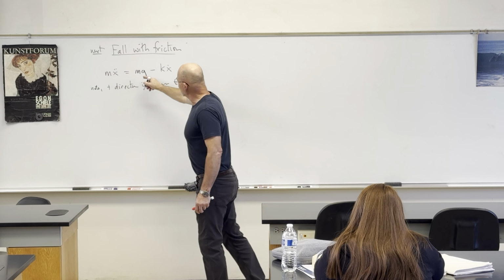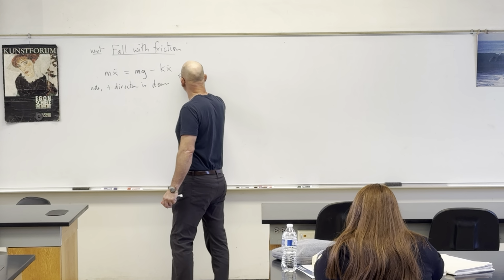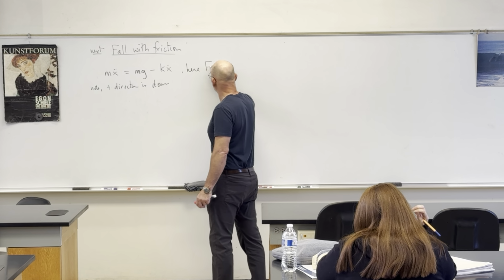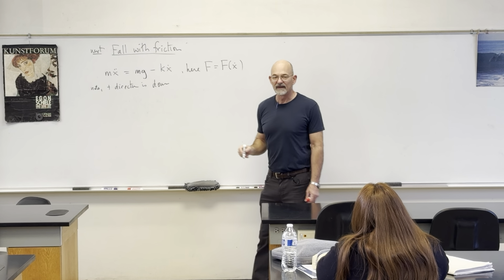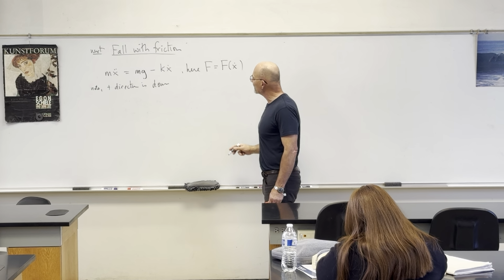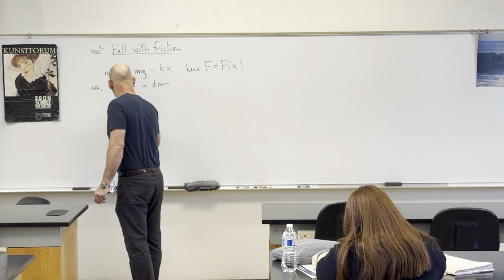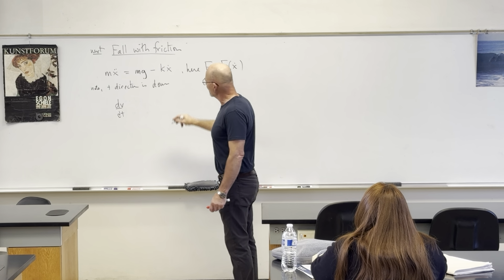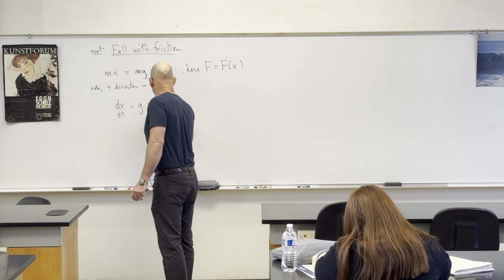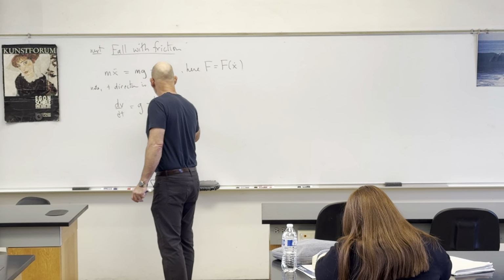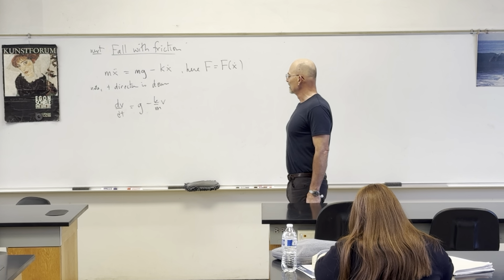So the first thing we do is note that this force F is equal to F of x dot, we could say. This is a force that depends on the velocity, and we're going to write it as m dv dt. I'm going to divide both sides by m. dv dt is equal to g minus k over m times v.